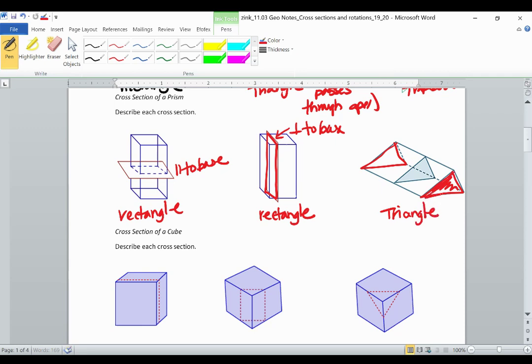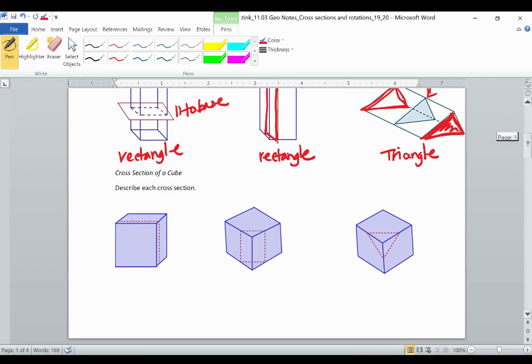When you have a prism, the bases are the two congruent parallel sides. There's nothing parallel to the one that it's sitting on in this picture. So we're actually slicing parallel to the bases, and then it'll give us the same shape as the base, which is a triangle.